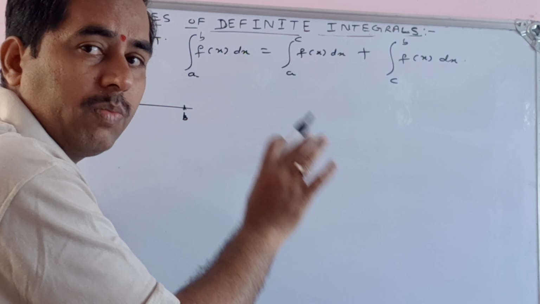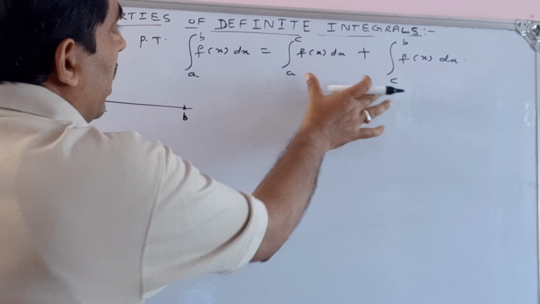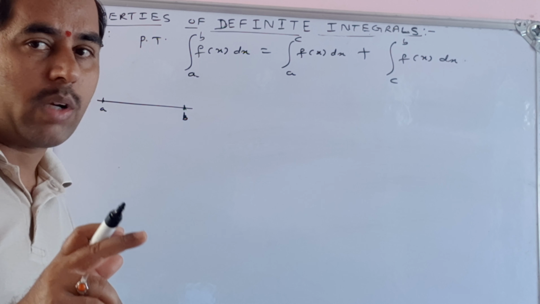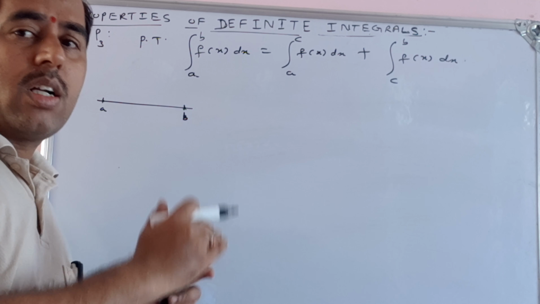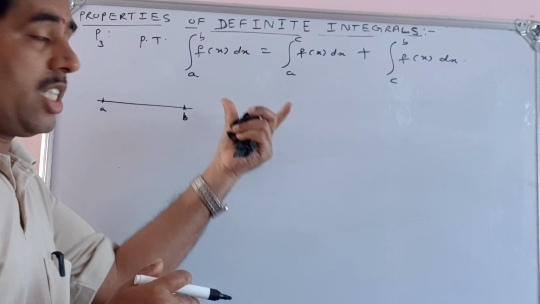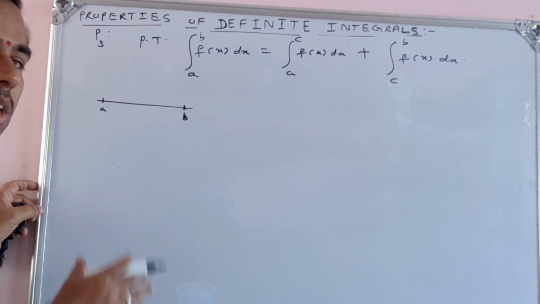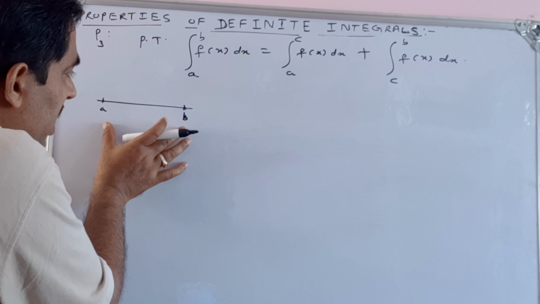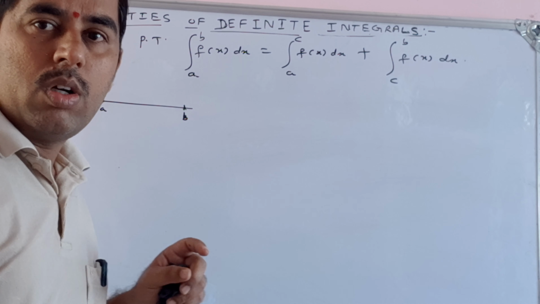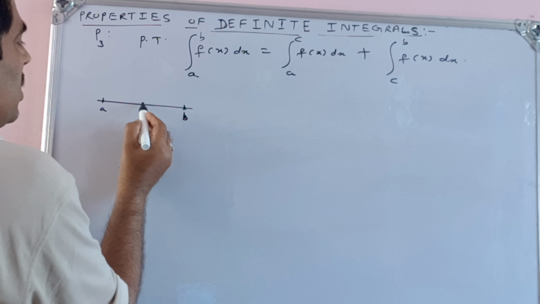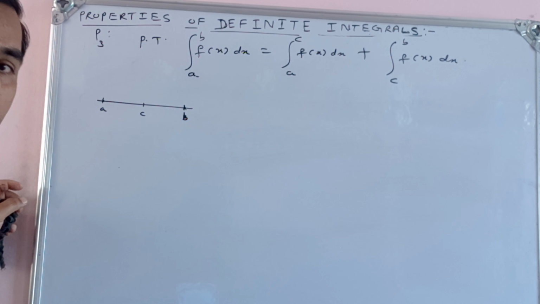of two or more integrals. Here on the right hand side I have written the given integral as a sum of two integrals. We can write the integral as a sum of two or more integrals. That means the given closed interval can be split, can be divided. Here the interval is broken at a point, say c.